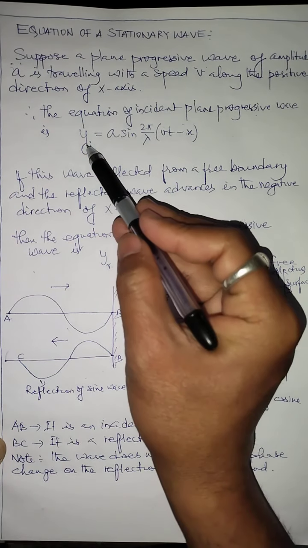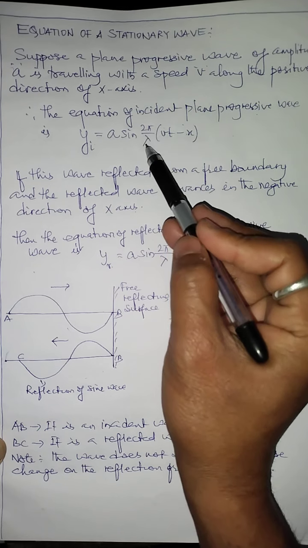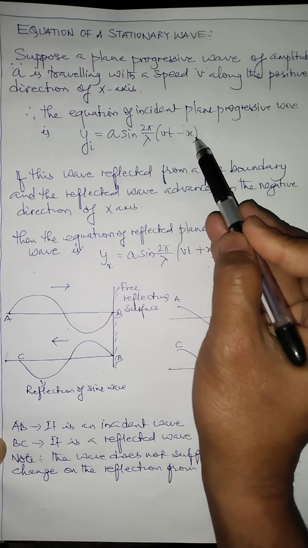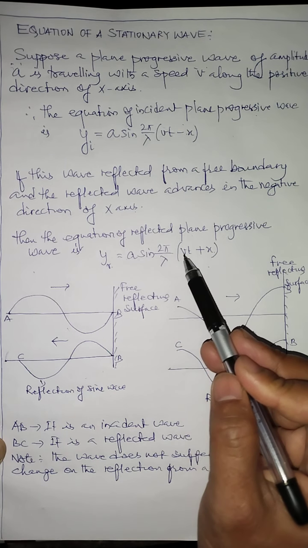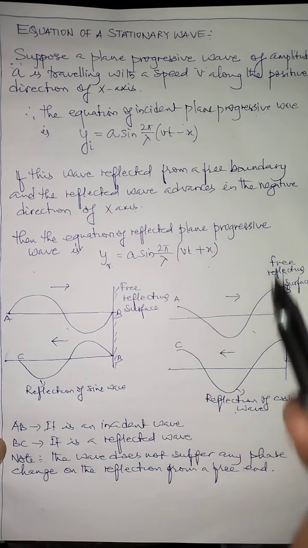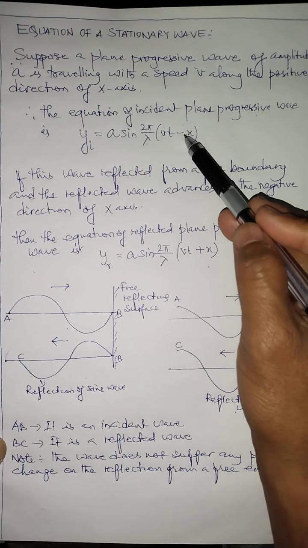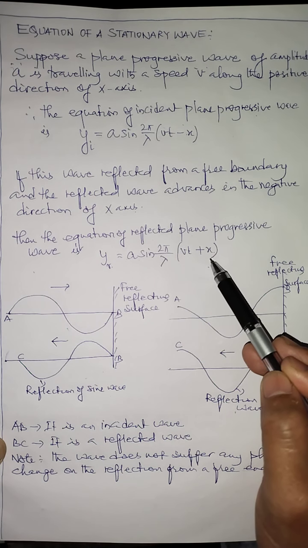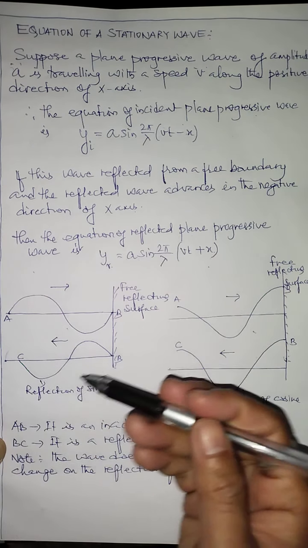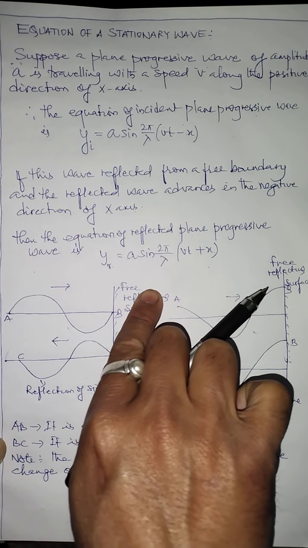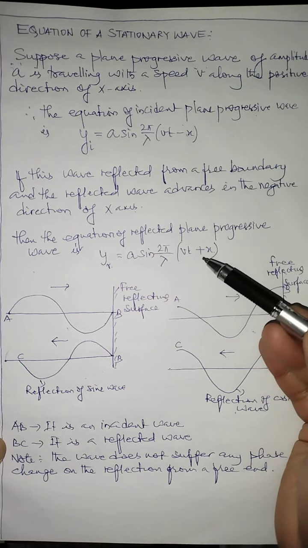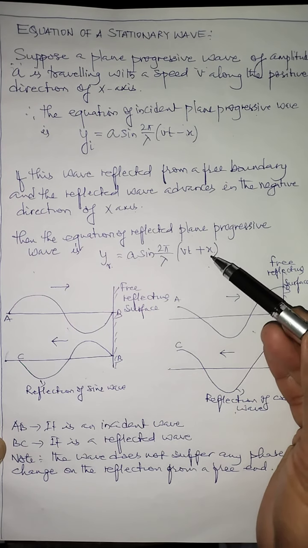That's why yi is given by a sine 2π/λ (vt − x), and yr is given by a sine 2π/λ (vt + x). The only thing that changes is the sign: minus x becomes plus x, because the direction of propagation of the wave changes. It is propagating along the positive x-axis, that's why it is minus x. It is along the negative x-axis, that's why it is plus x.